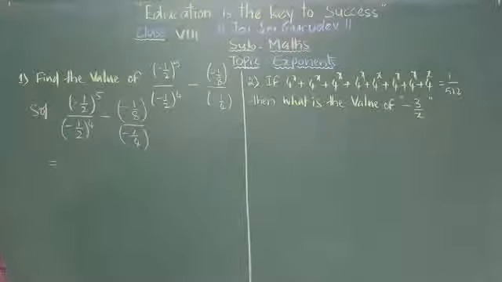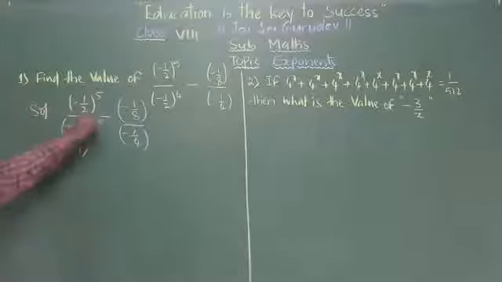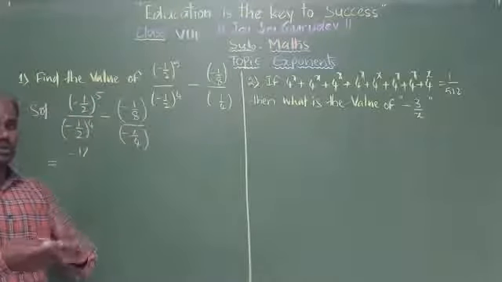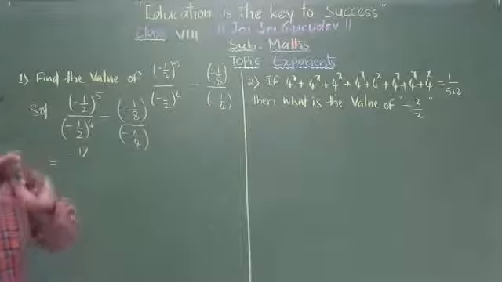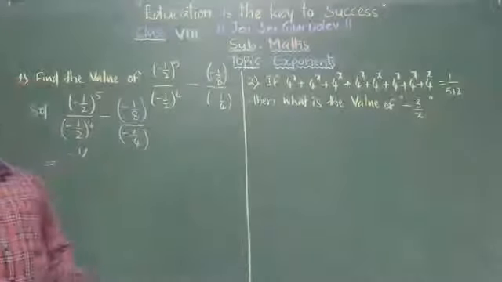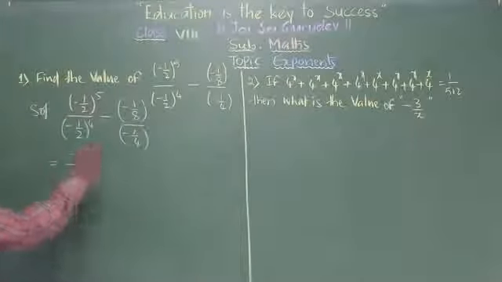Even powers give a positive value. So minus 1 by 2 power 5: 2 power 5 is 2 into 2 into 2 into 2 into 2, which is 2 twos are 4, 4 twos are 8, 8 twos are 16, 16 twos are 32. So that is minus 1 by 32.